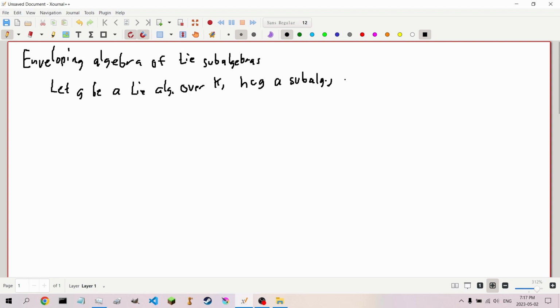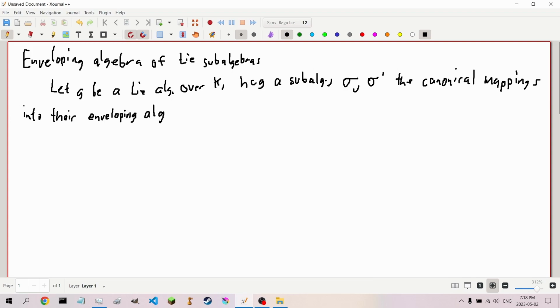And sigma and sigma prime, I guess we'll say, the canonical mappings into their enveloping algebras, which we are going to write down as U and V respectively.